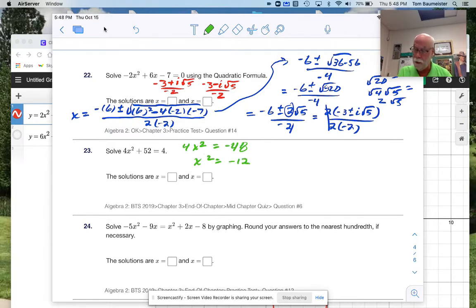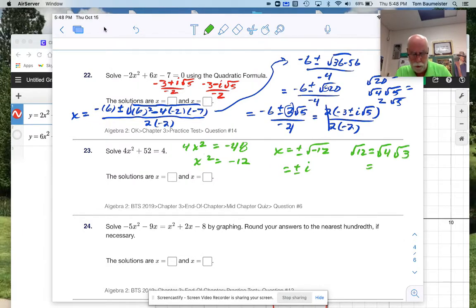So to solve it, I'm going to take the square root: x is equal to plus or minus the square root of negative 12. The negative underneath tells me I have an i. The square root of 12, we can write as the square root of 4 times the square root of 3.